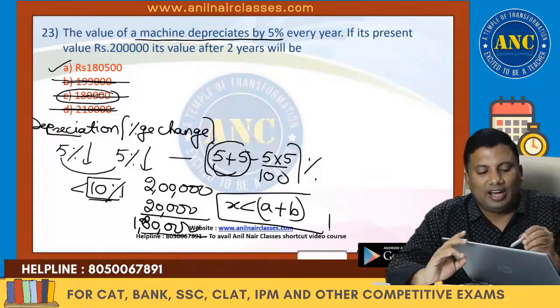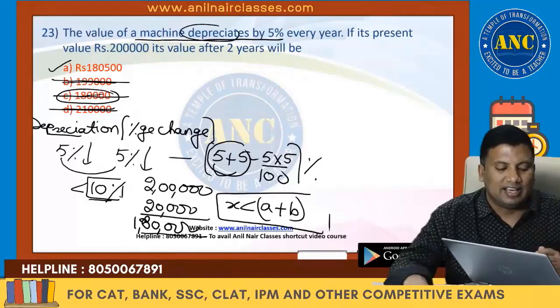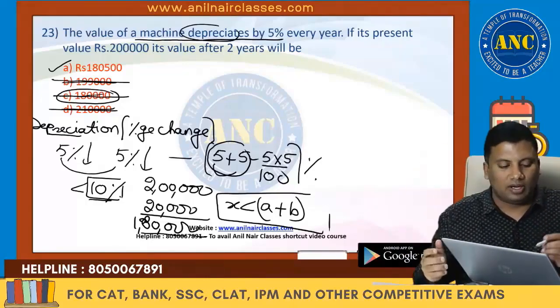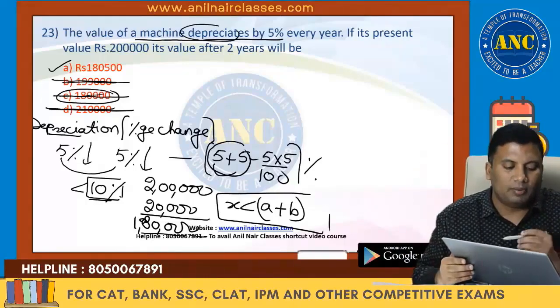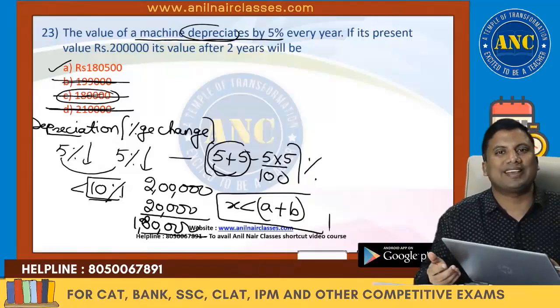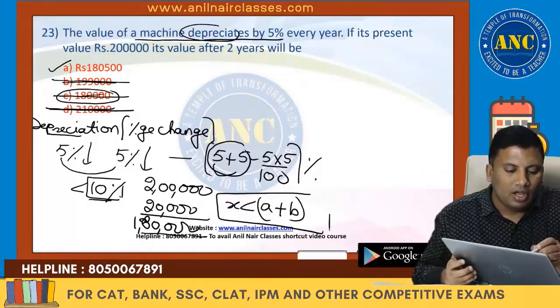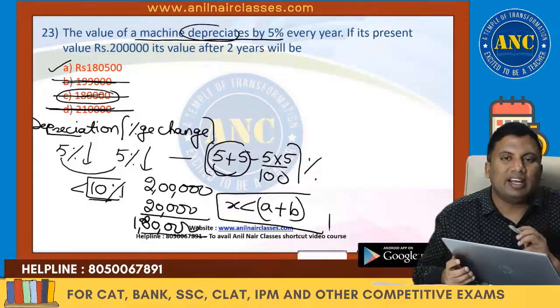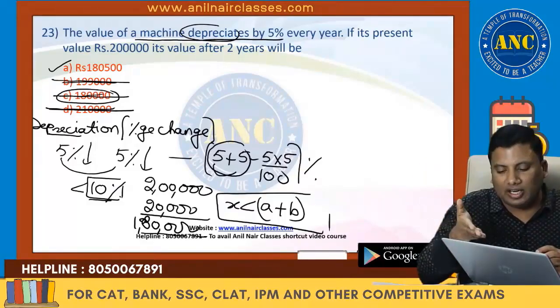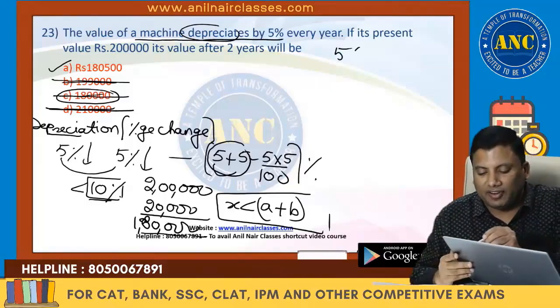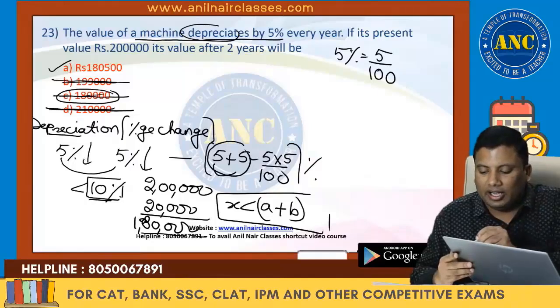See, the value of a machine is decreasing. If it is decreasing, the price will go down, right? How come it will be 2,10,000? Price cannot increase if the percentage decrease is there. 2 lakh, 1 lakh 99,000. Difference is 1000. 5% is 5 out of 100. For 100 only it is 5.